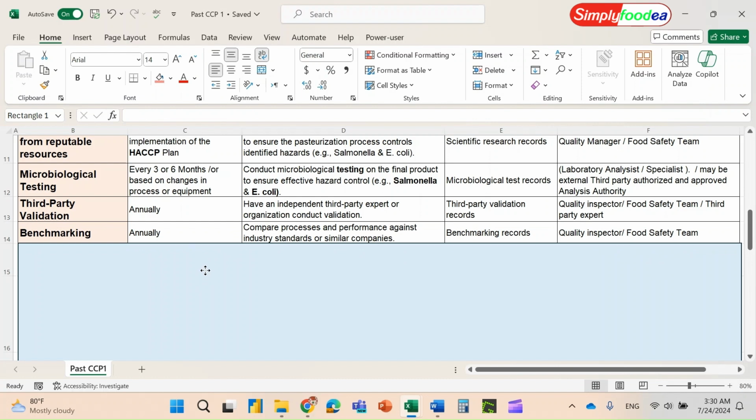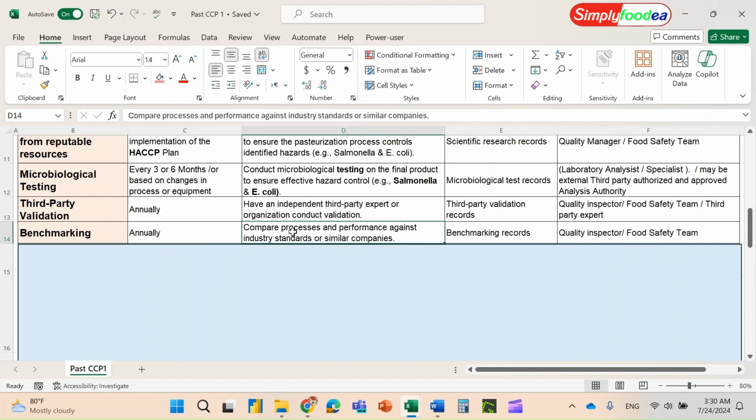After that, the benchmark. You must compare your performance and all your data with similar companies. Maybe the data of similar companies are a little bit confidential, but you can, for example, ask the authority which is making the test whether these numbers comply with other competitors, ensuring from the governmental authorities whether I comply with the local requirements, because the local requirements mention these standards.